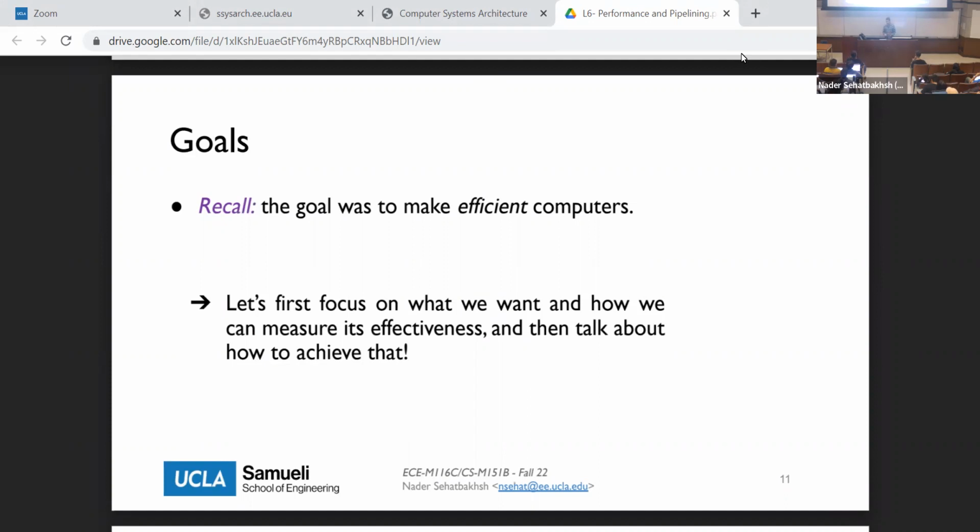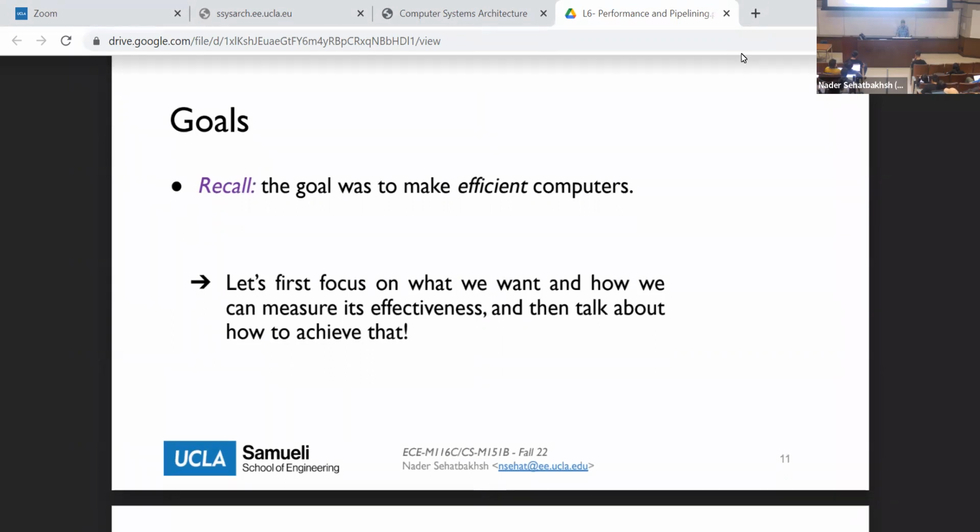So far we always mentioned that the goal is designing efficient, performant computers, but we never actually talked about what that efficiency is and how we measure it. So let's first focus on that part, and then move on to how we can achieve that efficiency.